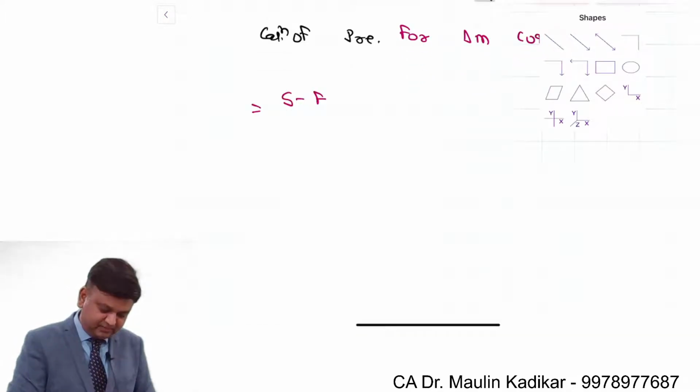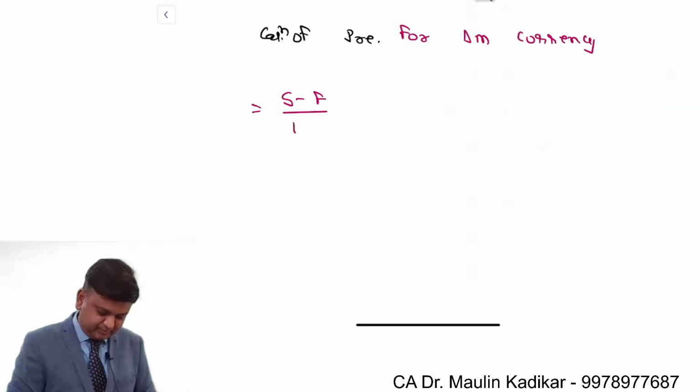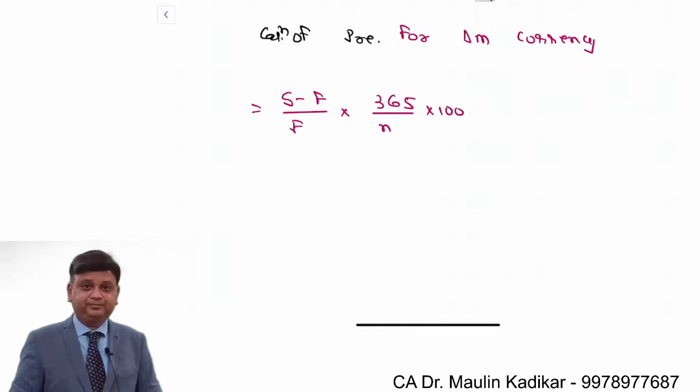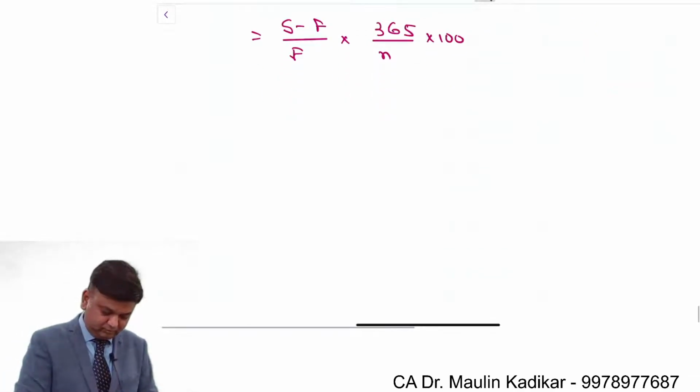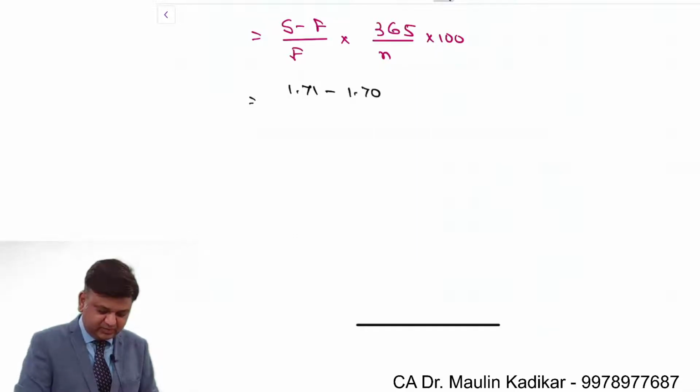Spot minus forward upon forward into 365 divided by n into 100. 1.71 minus 1.70 upon 1.70 into 365 upon 90 into 100.